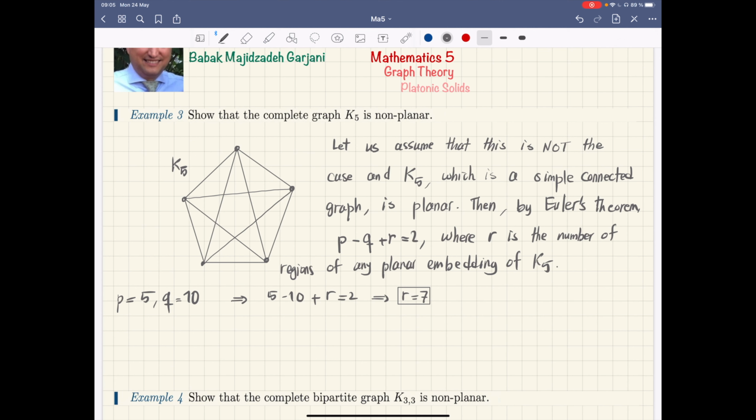But on the other hand, I know that the sum of the degrees of all regions, i from 1 to 7, should be 2 times Q. But what is 2Q? It is 20. So it means that the sum for i from 1 to 7 of the degrees of all regions is equal to 20.